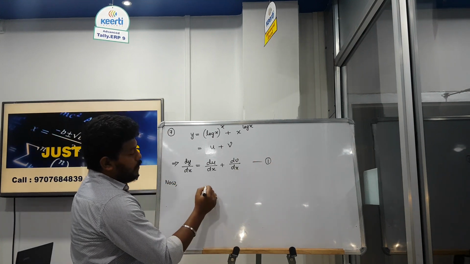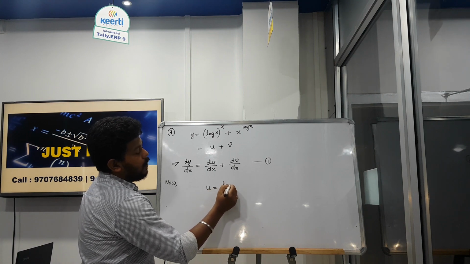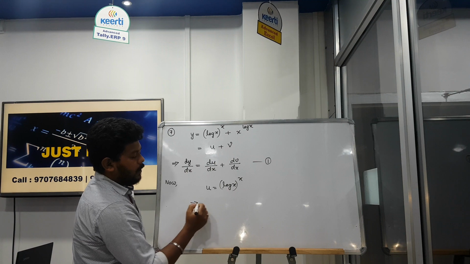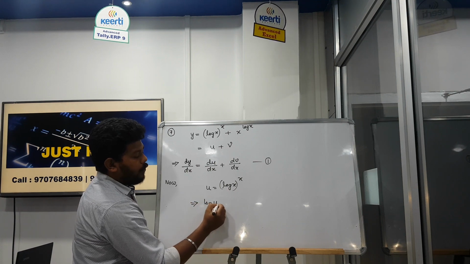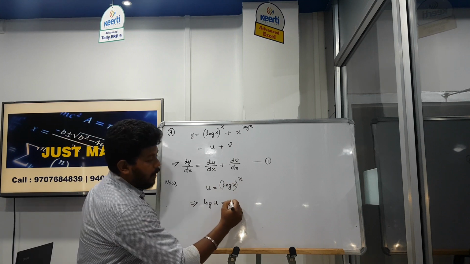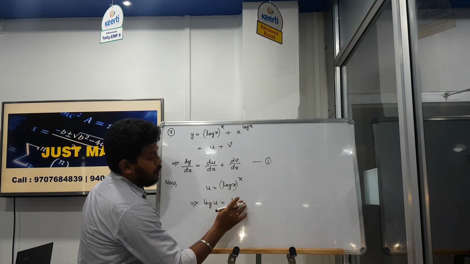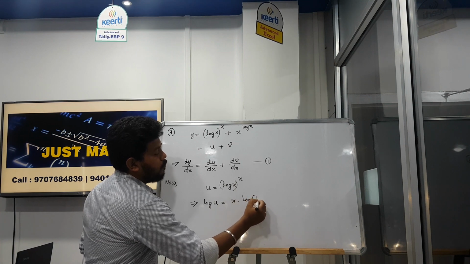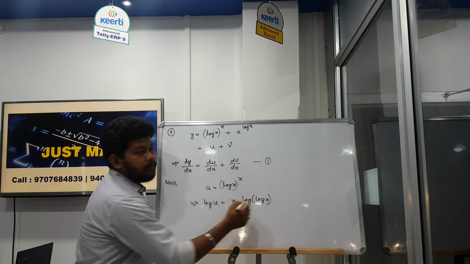Now, if you see, u is equal to log of x whole to the power x. If you take log of u, the power of log x will be x times log of log x.